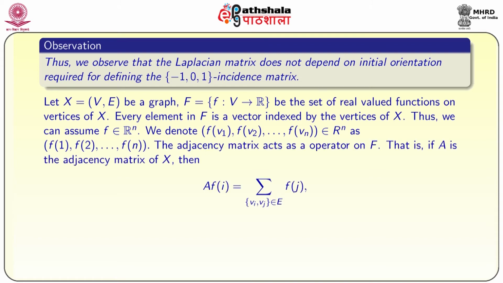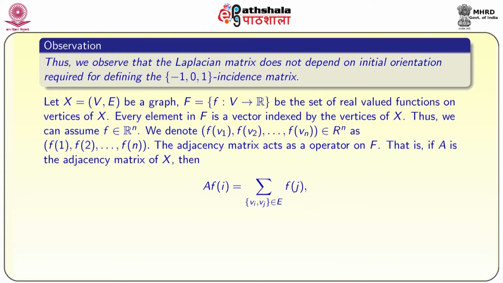Thus, the adjacency matrix acts as an operator on f, that is, if A is the adjacency matrix of X, then we have A f at i is equal to the summation over (vi, vj) belonging to the edge set of f(j). This is easy to verify.